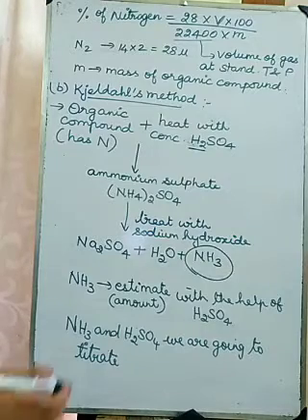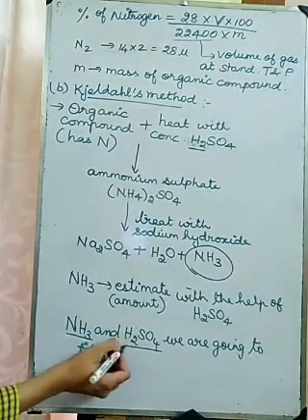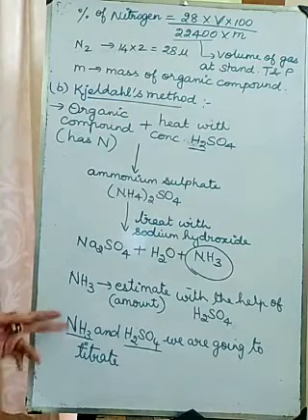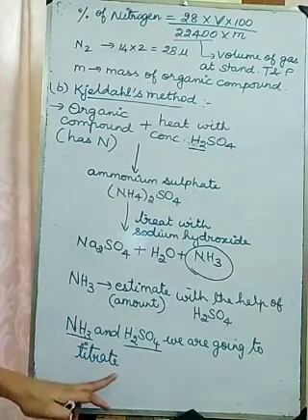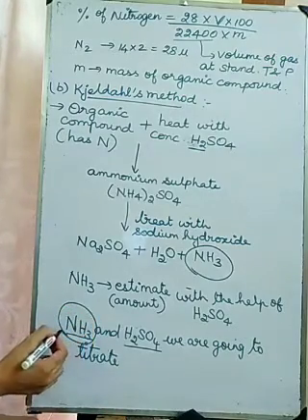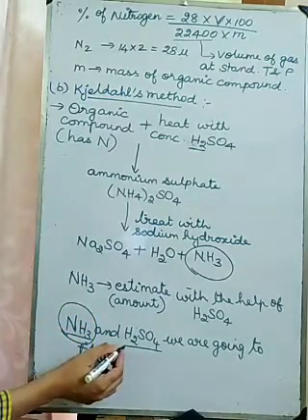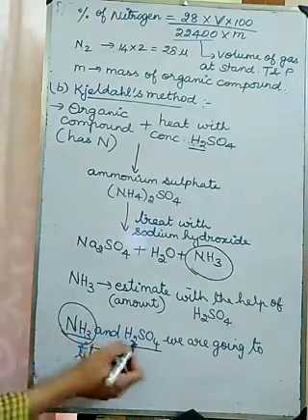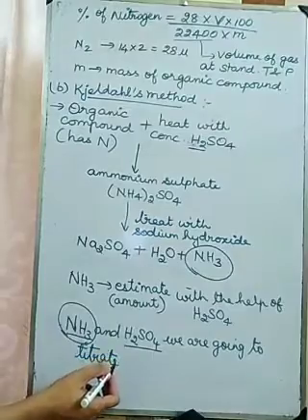Titrate means we are going to mix ammonia and sulfuric acid and titrate it. Ammonia is a base and sulfuric acid is an acid, so this base and acid will react with each other.